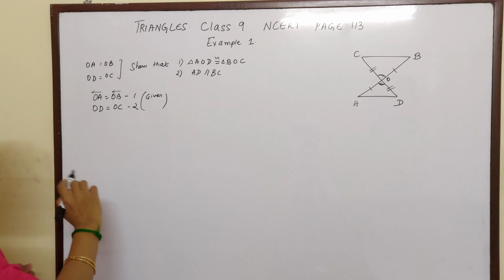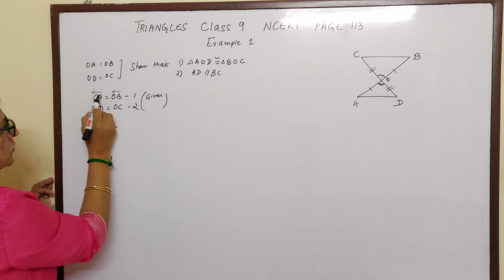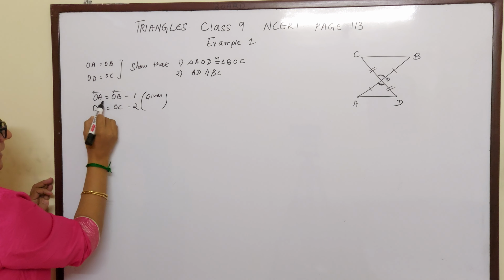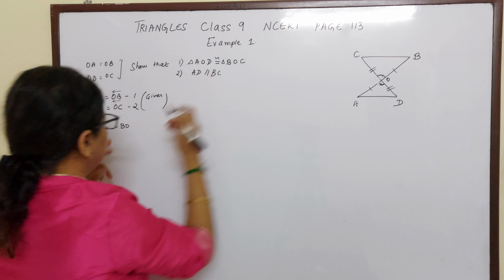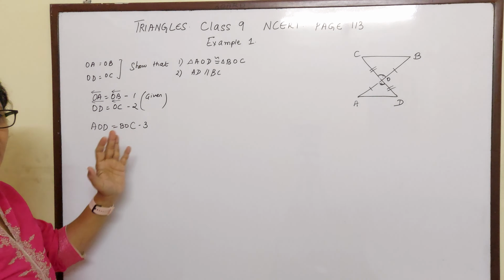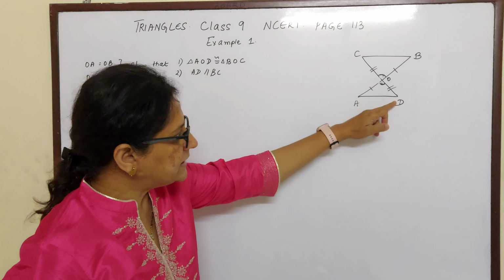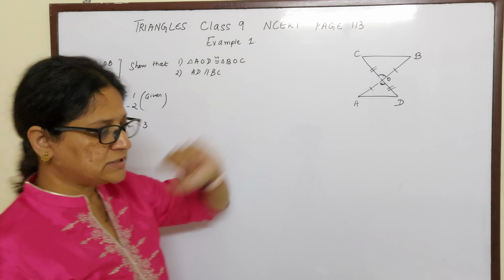So AOD is equal to, you are going from right to left. So this also will be right to left. So AOD is equal to BOC. So this is the way you have to correctly name it. AOD is equal to BOC.